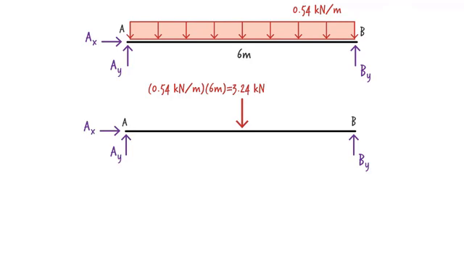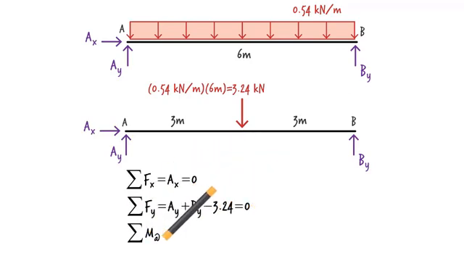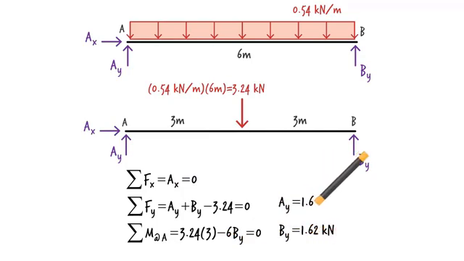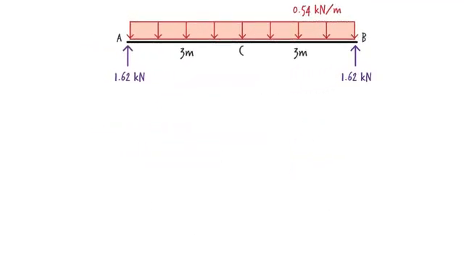This magnitude has a unit of kilonewton. The load is to be placed at the geometric center of the area, which in this case would be at the midpoint of the beam. Then we can write the equilibrium equations this way. Solving them for the unknowns, we get the support reactions.